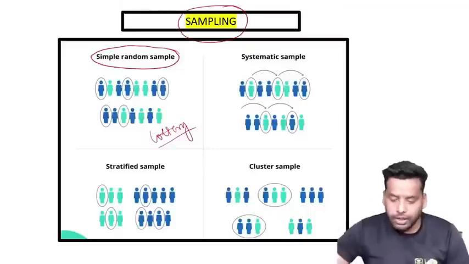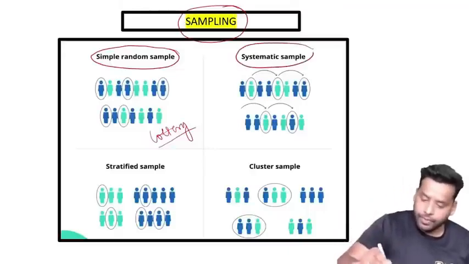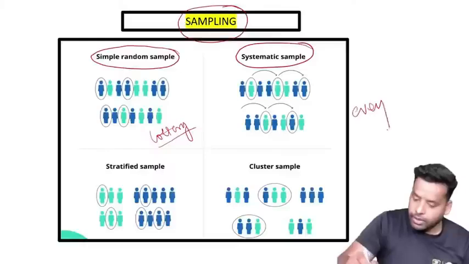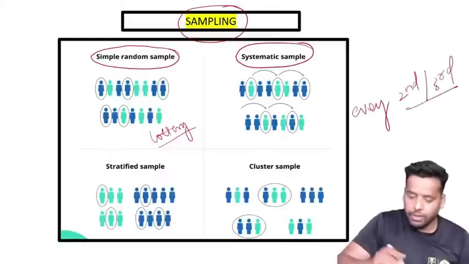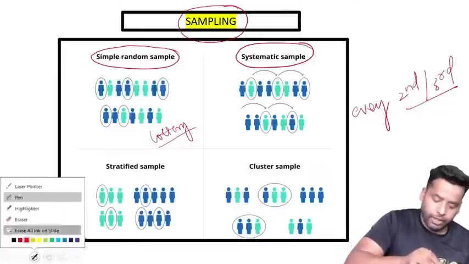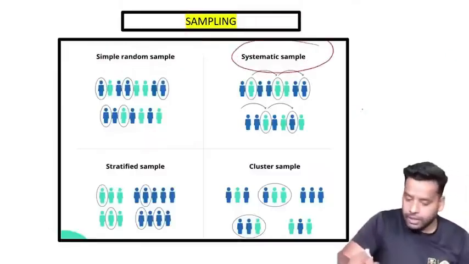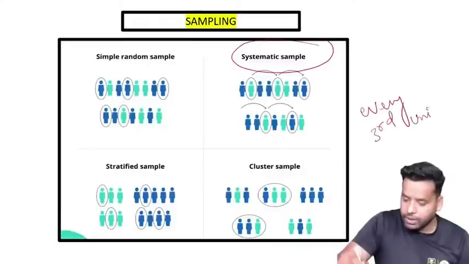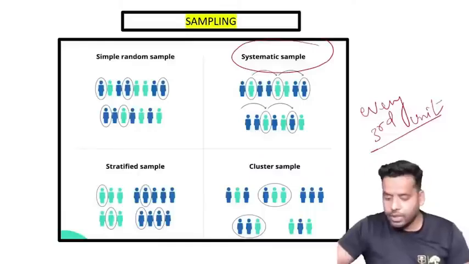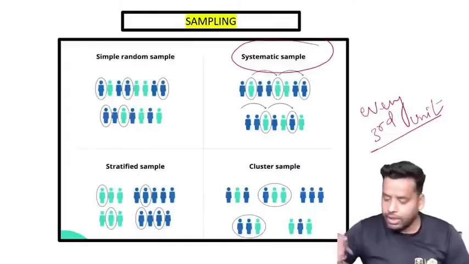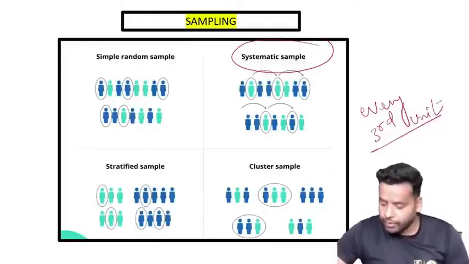Lottery method. If they frame words like this, every second or every third unit is selected, every fifth unit, every 10th unit, for example, starting from a random number, then every third unit is selected.